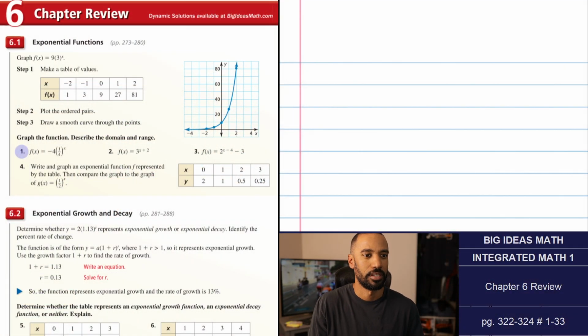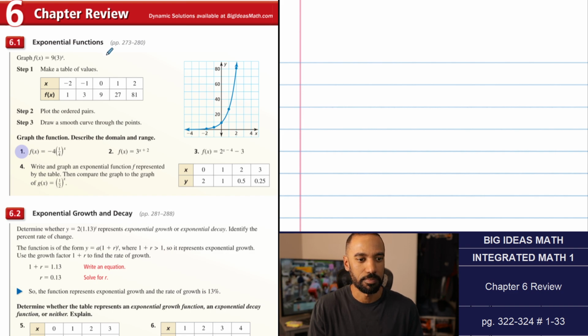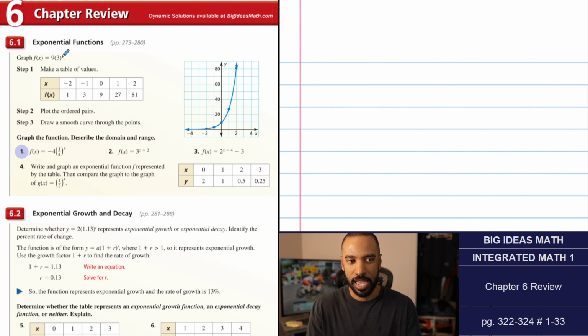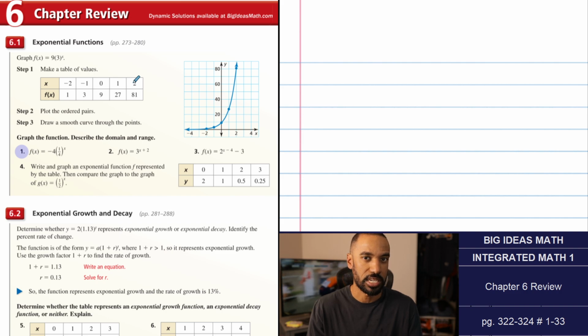We have section 6.1 on exponential functions. They make a table of values with this 9 times 3 to the x power. First thing I'm just going to note is you can't do 9 times 3 first in this. 3 must be raised to the x power by order of operations, even when you substitute these x values in. Now, I plan on not officially using a table, but I can use the concept of what they have with tables, such as 9 is the y-intercept.